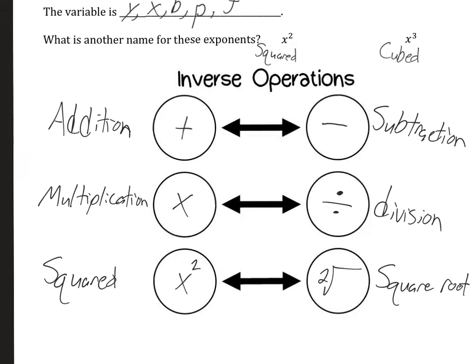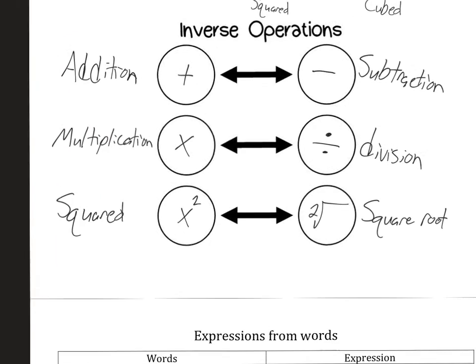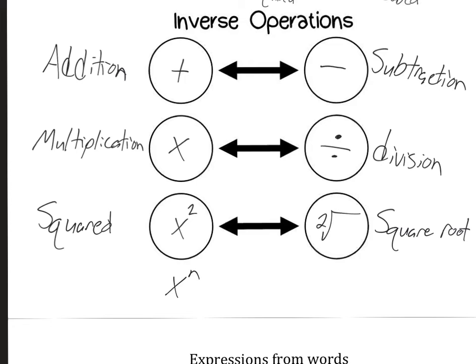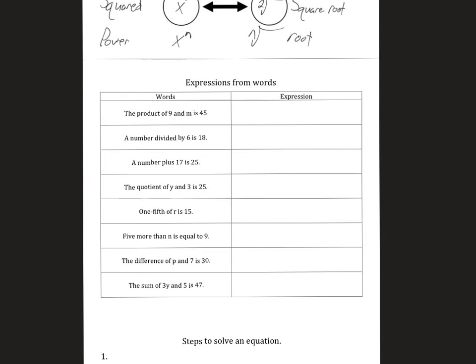Or if we want to do this a little bit easier, we can say it's something to a power, and we take the root. So it'd be like n to the something. I just did squared because that was the first one that I could think of and the most common one that we see. But we can see third roots, fourth roots, fifth roots. They all do the same thing. Okay, so let's go ahead and go to the next page.